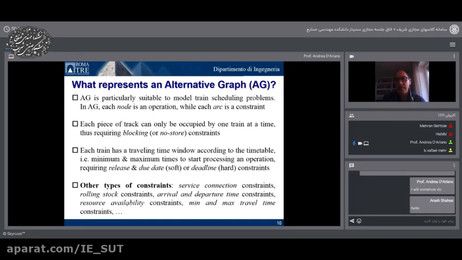Maybe a resource is not available for traffic because there might be, for example, some maintenance of that resource, and then you fix the availability time window for that resource through special constraints. Or you might need to optimize the travel time of trains, and maybe fix a minimum and maximum travel time of trains. So you can continue in this way and formulate through these arcs in the graph several different types of constraints.